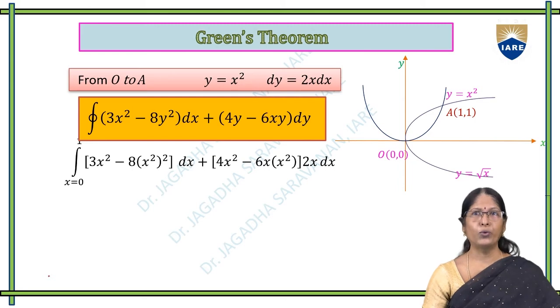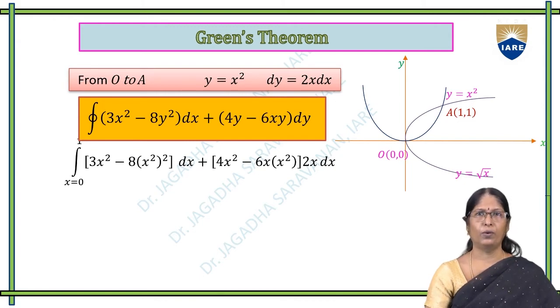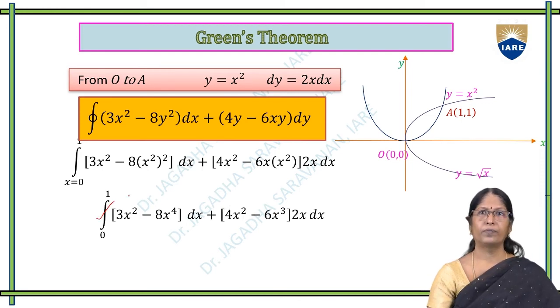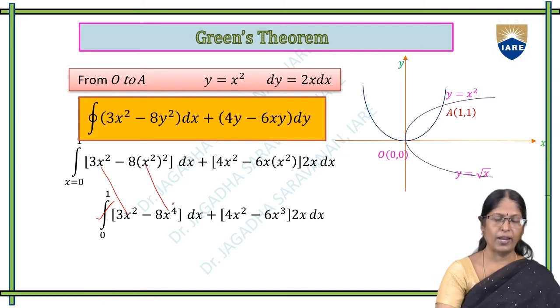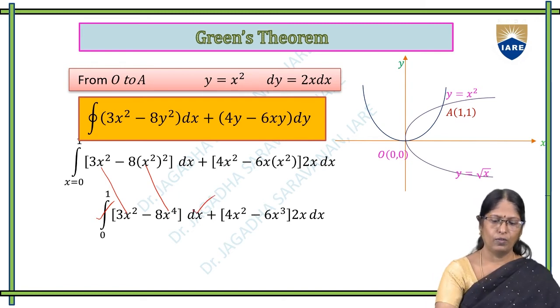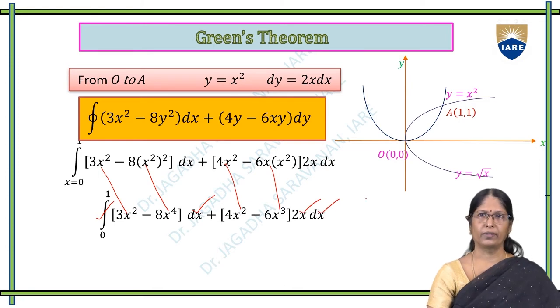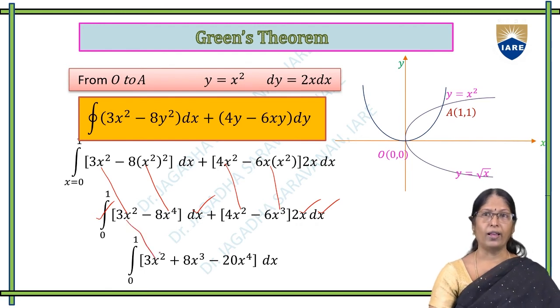Now we have to do the integration. Before integrating, let us focus on the possible simplifications. From 0 to 1, 3x square as it is, minus 8x power 4 dx, 4x square minus 6x cube times 2x dx. Next, this 3x square as it is.